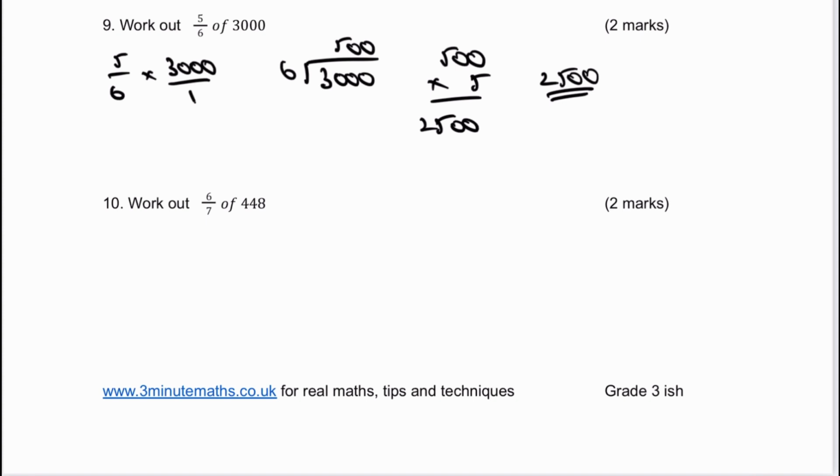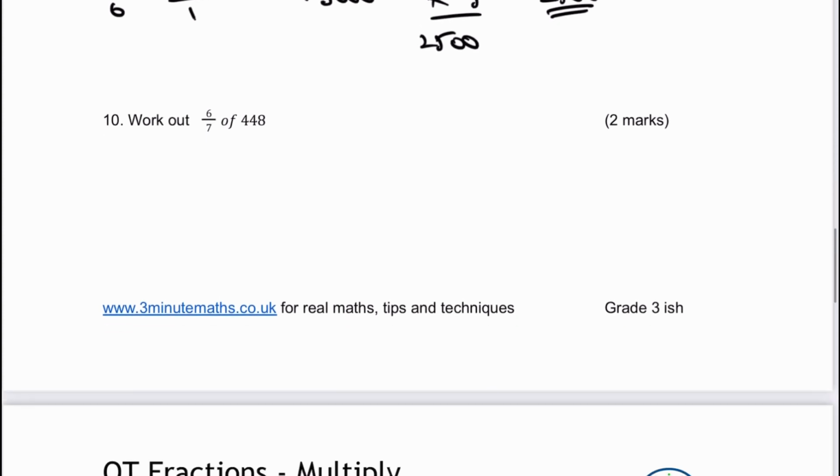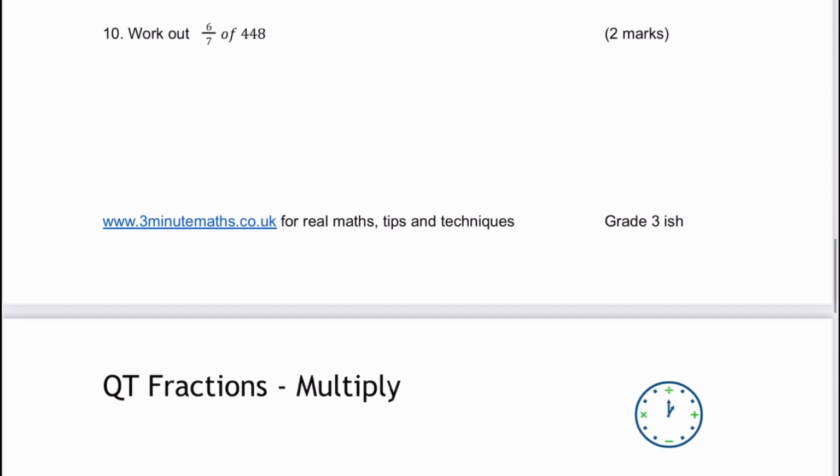Okay, let's move on to question number 10. Slightly more problematic, but only because it's a slightly awkward number. I'm going to say, well, I want 6/7 times 448, therefore 7 into 448. Okay, so I need to know my times tables fairly well. 7 into 44 is 6, because 6 7s are 42.